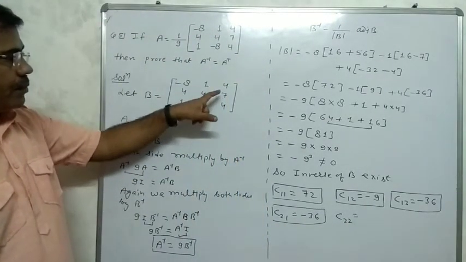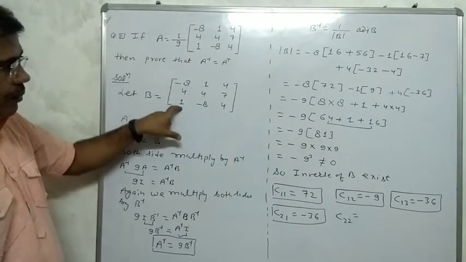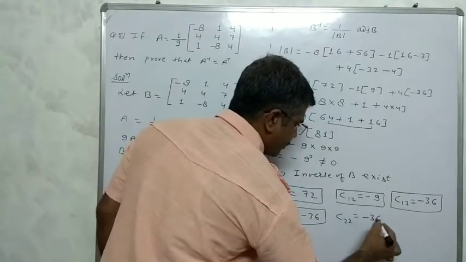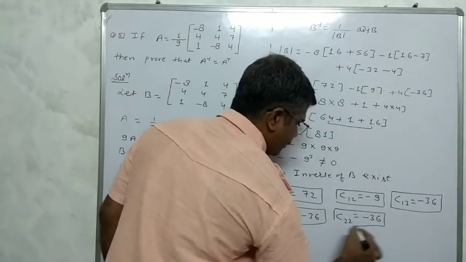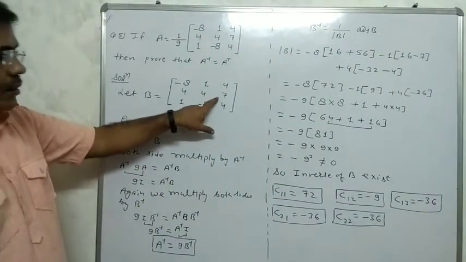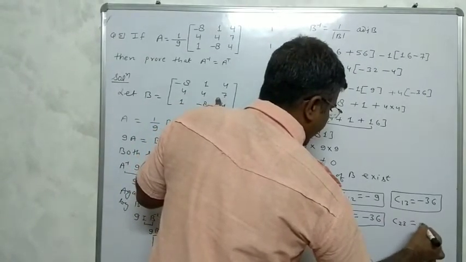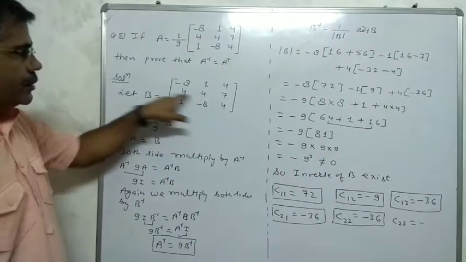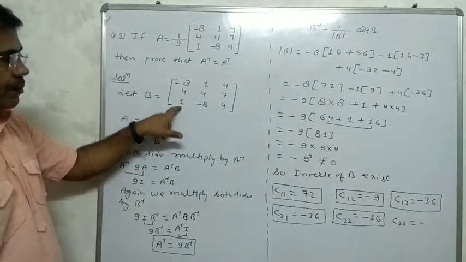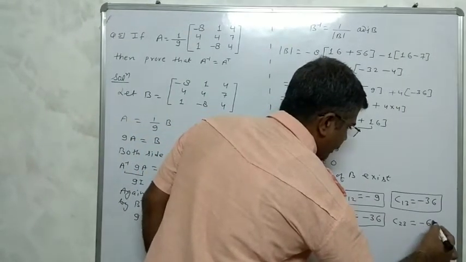This column and this row delete. Minus 32, minus 4, minus 36. Next, C23 is again negative. This row and this column delete. 64 minus 1, 63.